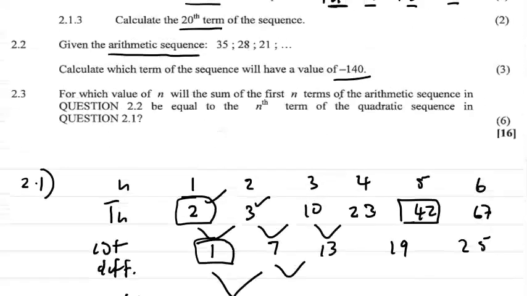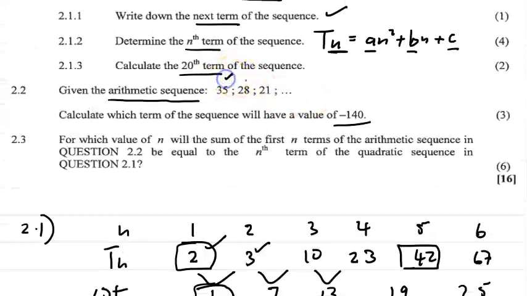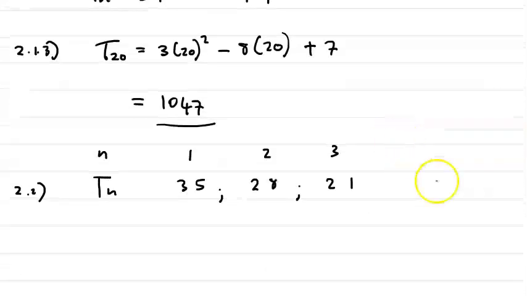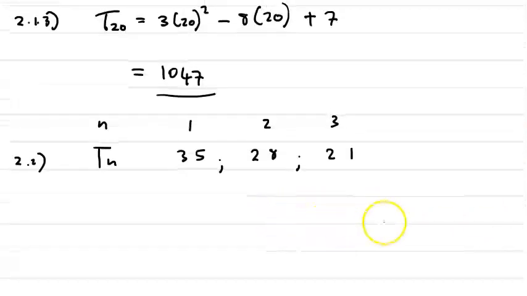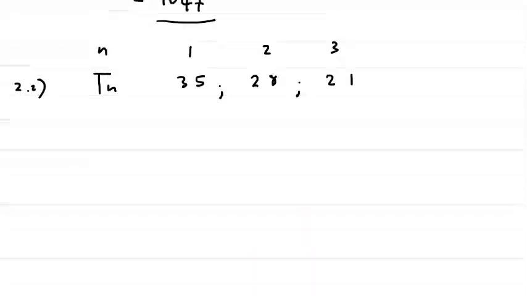So let's look at that very quickly: 35, 28, which term of the sequence will have a value of minus 140. Now, I'm going to show you two ways in which we can find the general term of an arithmetic sequence. So I may not go directly to the solution, but rather explain a few things first.